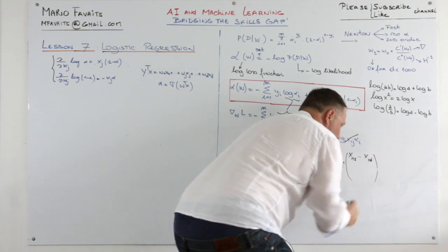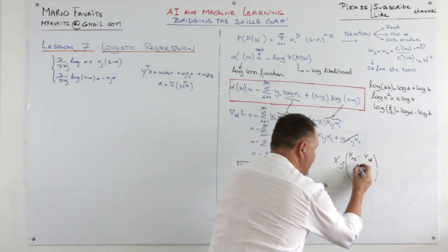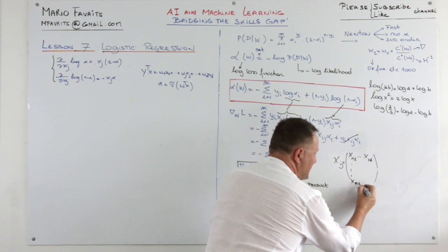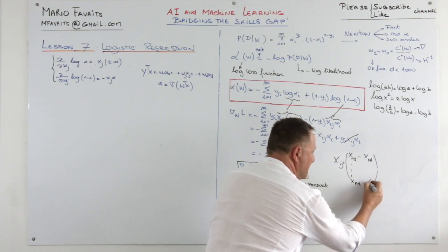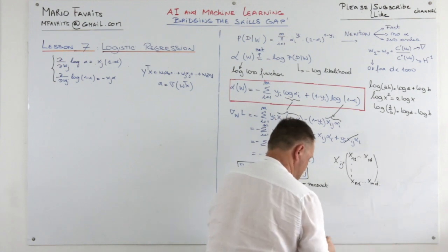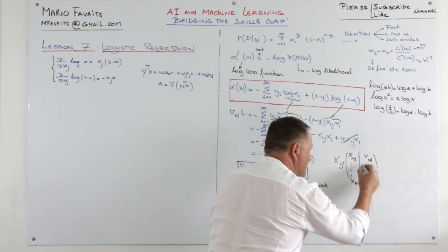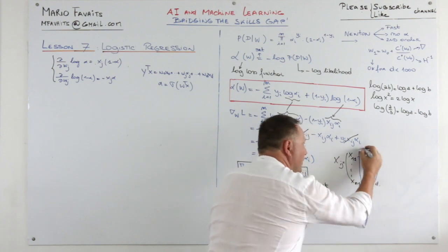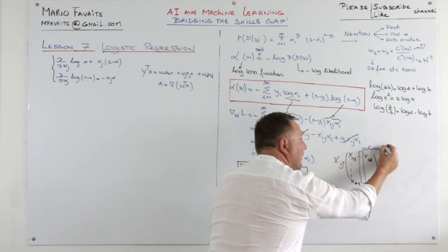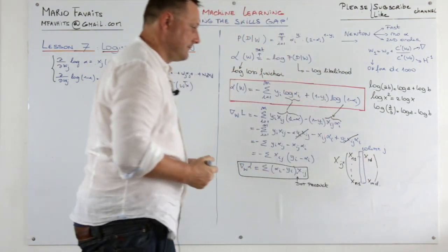There's d features, and here you go down, there's m rows, because there's m samples, xmd. And xij is basically column j of that matrix.